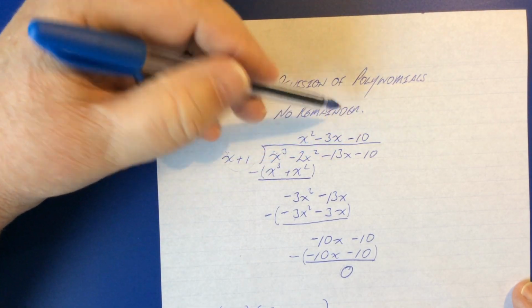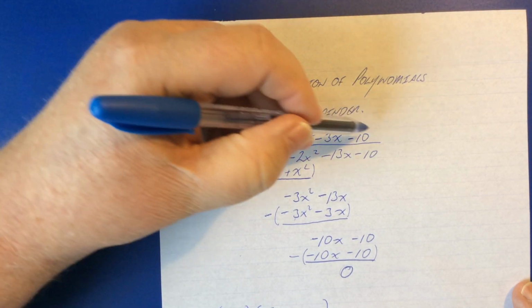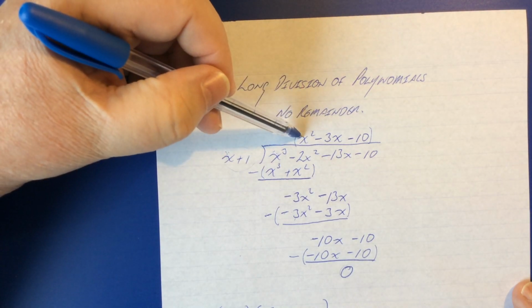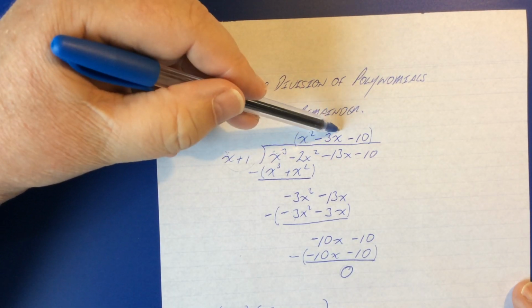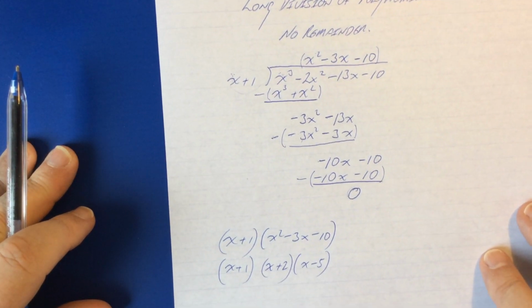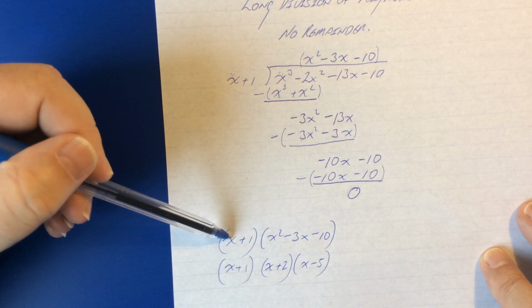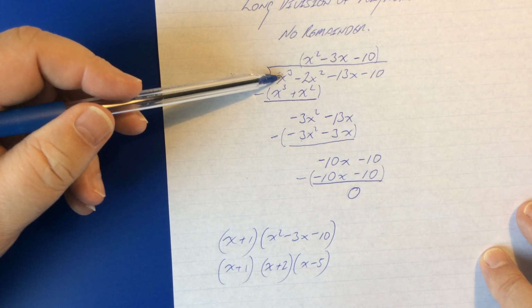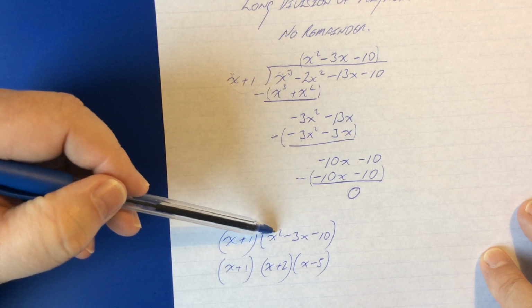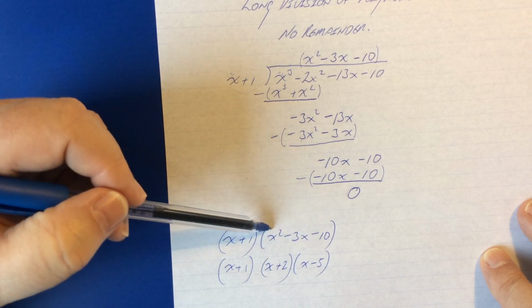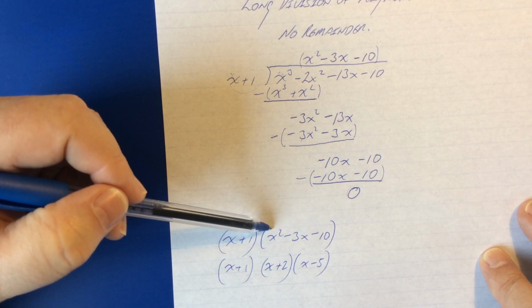Here's another factor. What we've wound up with here is a quadratic. And we can take that quadratic and we can factorize it. So here's a linear factor of this expression, x cubed minus 2x squared minus 13x minus 10, and here is a quadratic factor of it. We can break this quadratic factor up pretty easily.